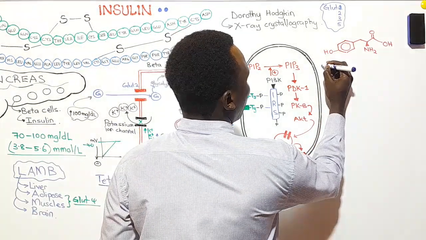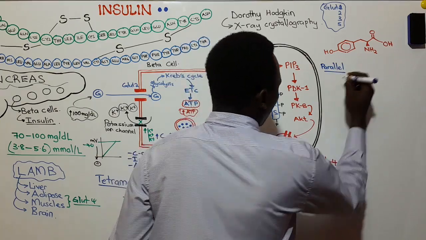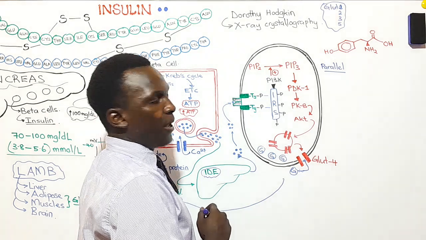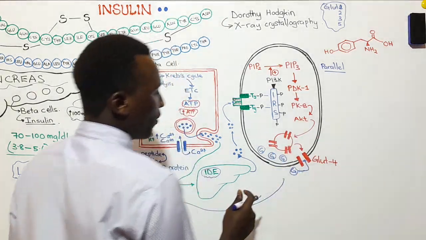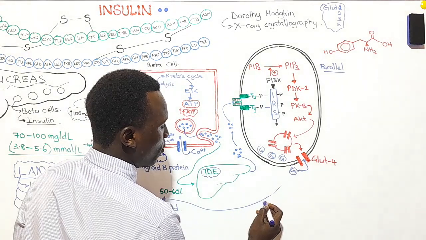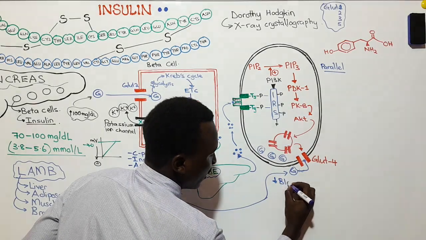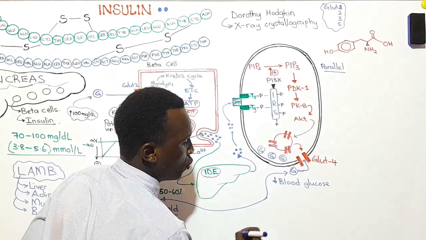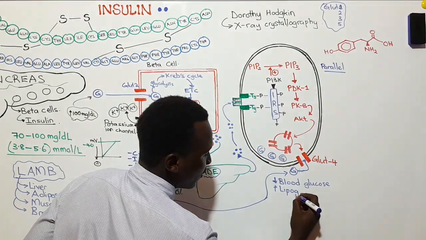Then also, there is what they call a parallel pathway, okay? Or a parallel alternative. From the AKT, you will not go this side, okay? But basically, first of all, let me complete what AKT does. So with AKT, what will it do? You'll find that because of this, there is decreased blood glucose, okay? Two, it will increase lipogenesis, okay?